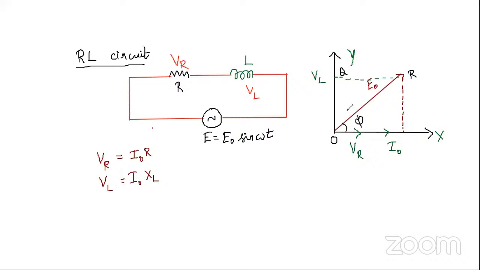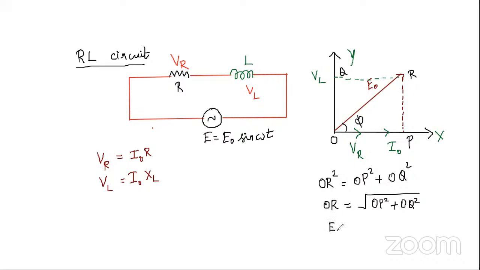So now we should calculate OR from this diagram. OR squared is equal to OP squared plus OQ squared, where this point is P. This is a right angle triangle. So when you want to find out OR, you need to take the square root of OP squared plus OQ squared.